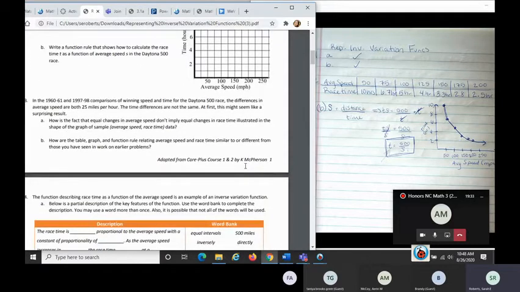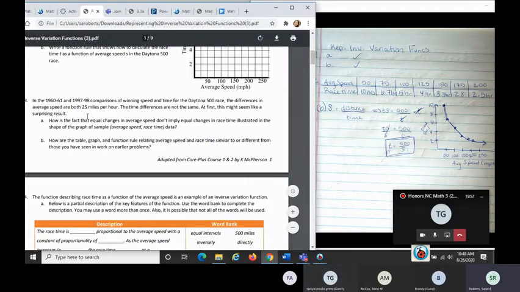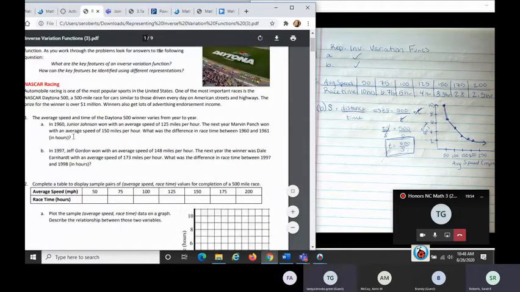Okay, so in number 3, what do you guys think about number 3? Did you have any questions? Well, were you supposed to use the data from the first question for number 3? Yeah. So it has 1960, 61, and 97, 98. In the first one, yeah, we have 60 and 61, and we have 97, 98.